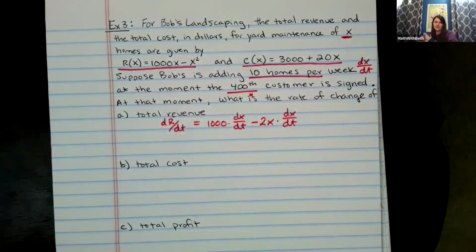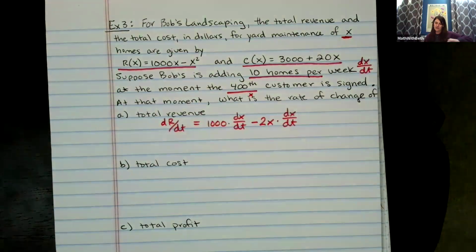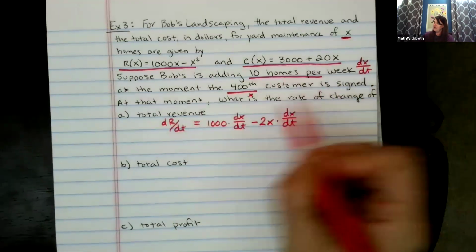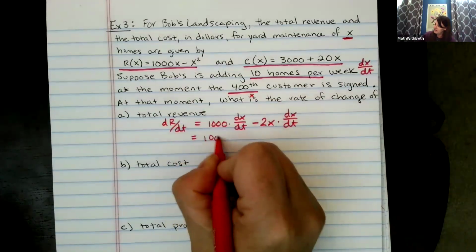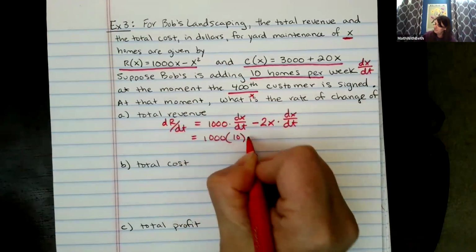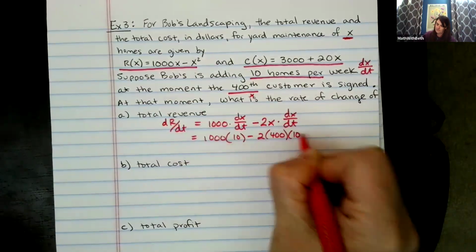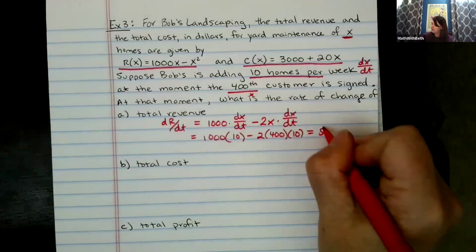So there's our equation. But now they want us to do it with the actual numbers they gave us. So now we can plug in 10 for dx dt and 400 for X. If you do that, you will get 2,000.